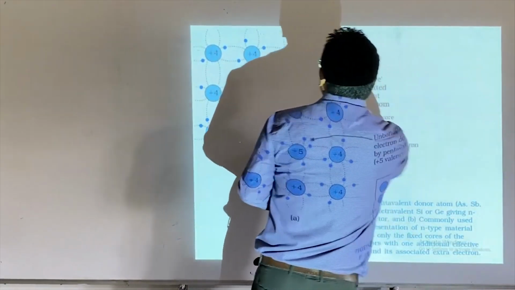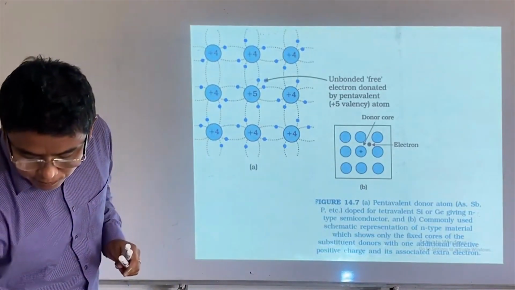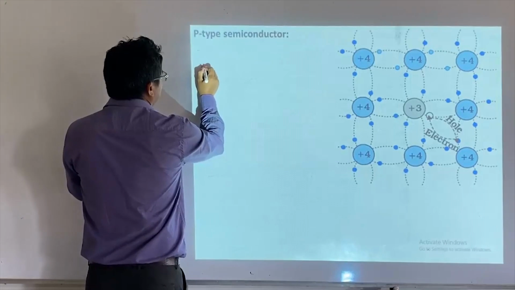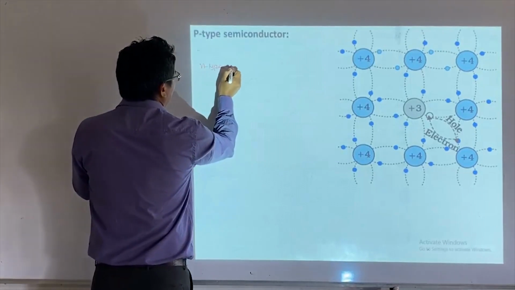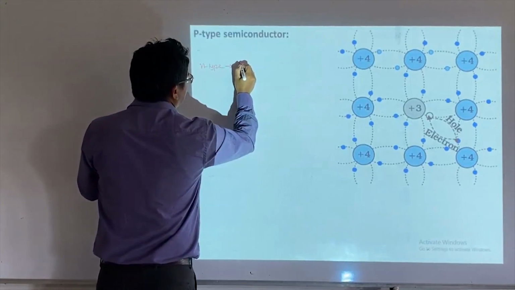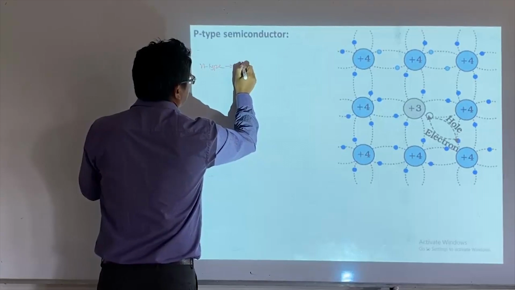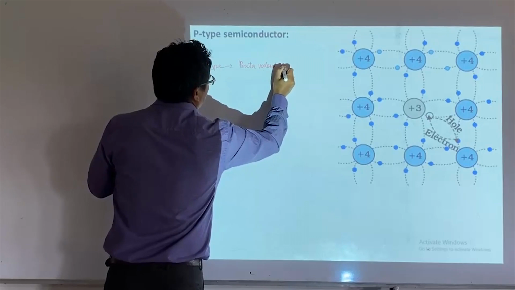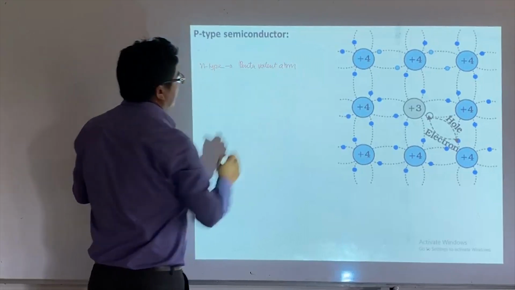So now we talk about p-type semiconductor. Let me do a small recap of n-type. This is pentavalent.